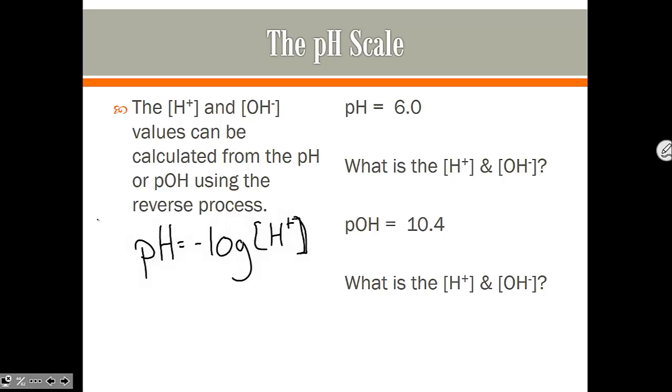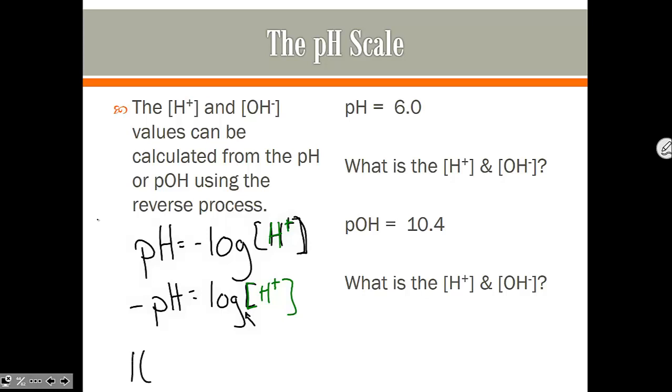In order to run backwards to find the concentration of hydrogen ions, to solve for this, we can first move the negative to the opposite side by multiplying both sides by a -1, giving us the negative pH equals the log of the concentration of hydrogen ions. To undo a log, you simply raise the base of that log. As it's not noted here, these logs are base 10.